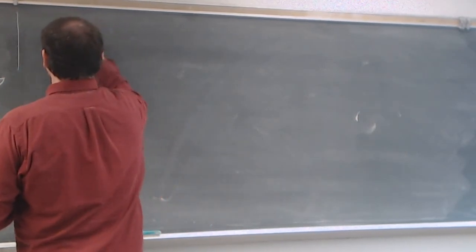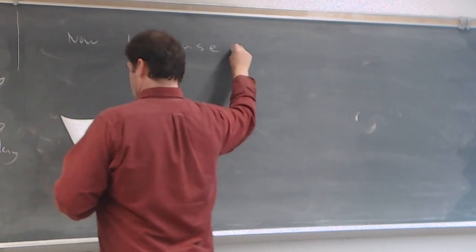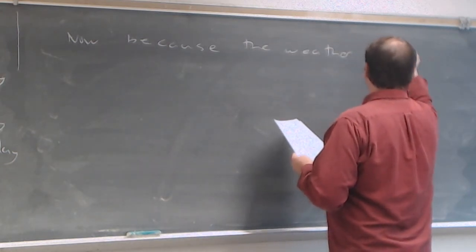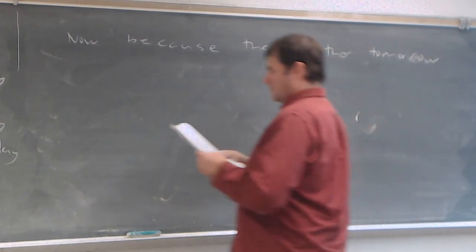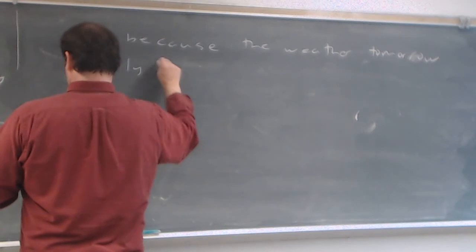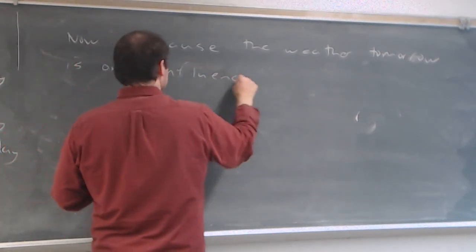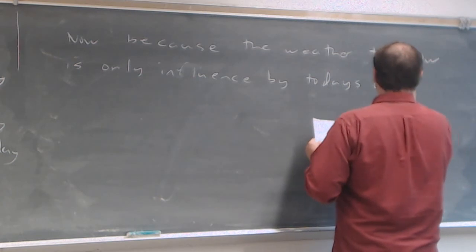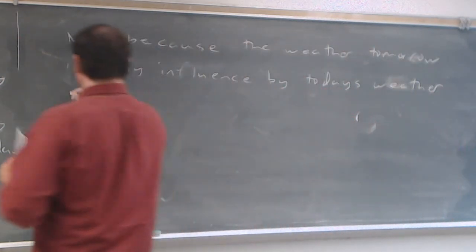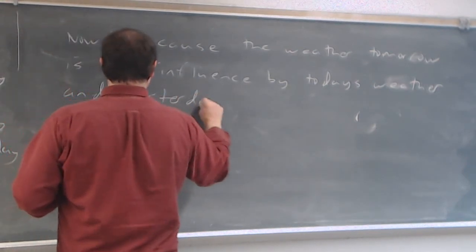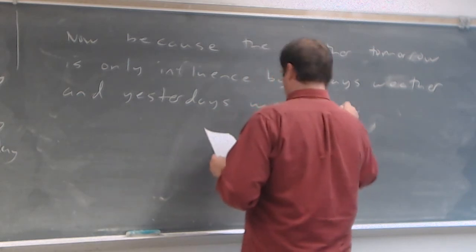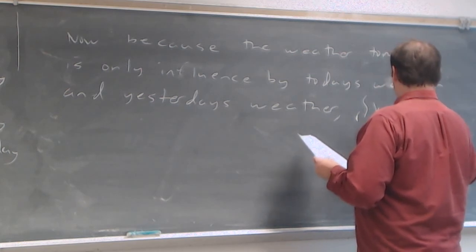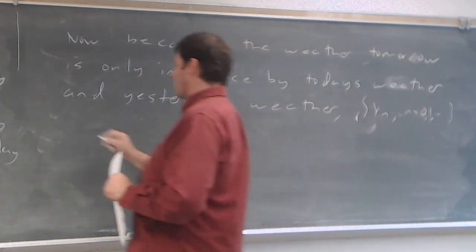Now, here's what I want to say. Because the weather tomorrow is only influenced by today's weather and yesterday's weather, that means that these x sub n's that we've defined, with n being 0, 1, forever, form a Markov chain.